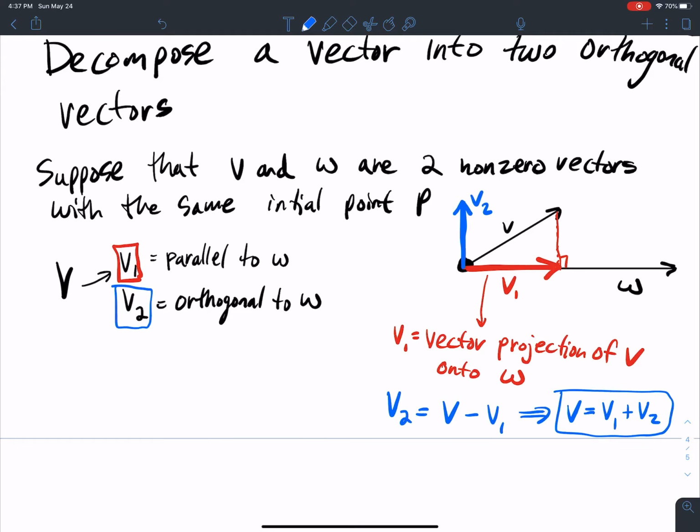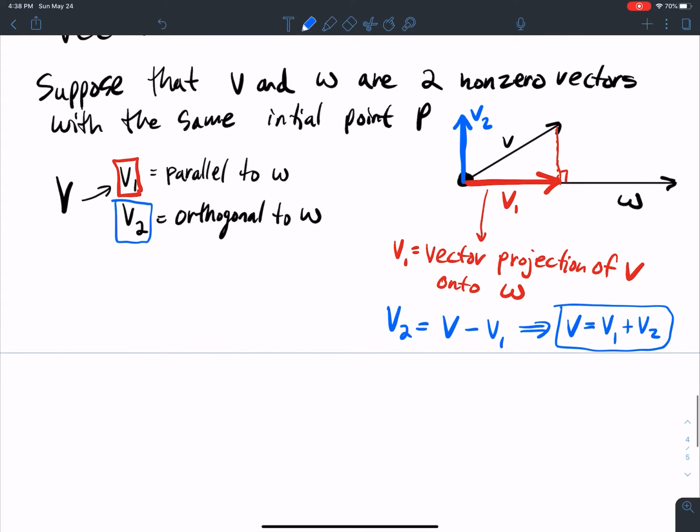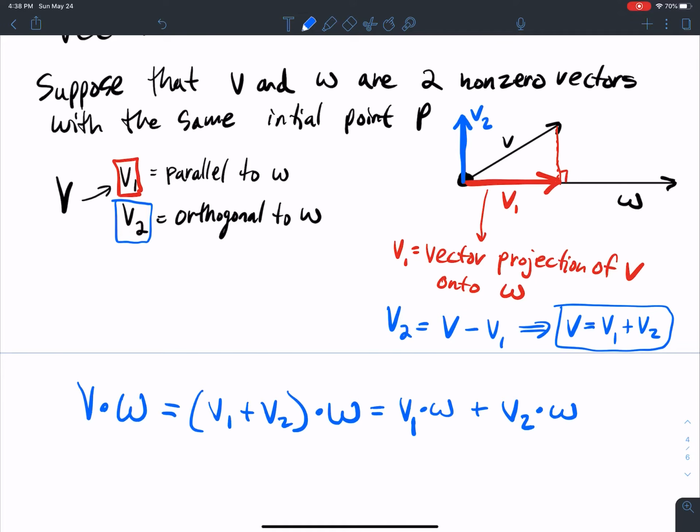So now what we do is we seek a formula for V1 based on the knowledge that V equals V1 plus V2, so V dot W equals V1 plus V2 dot W, which equals V1 dot W plus V2 dot W. Now, since V2 is orthogonal to W, we know that this has got to be 0.